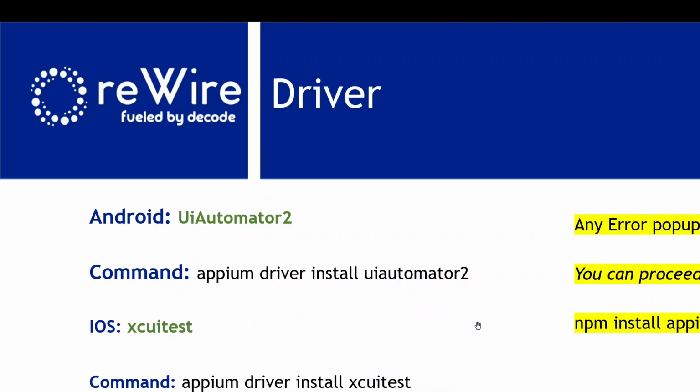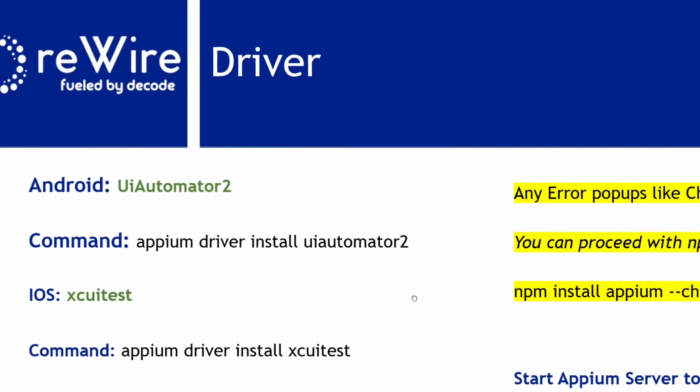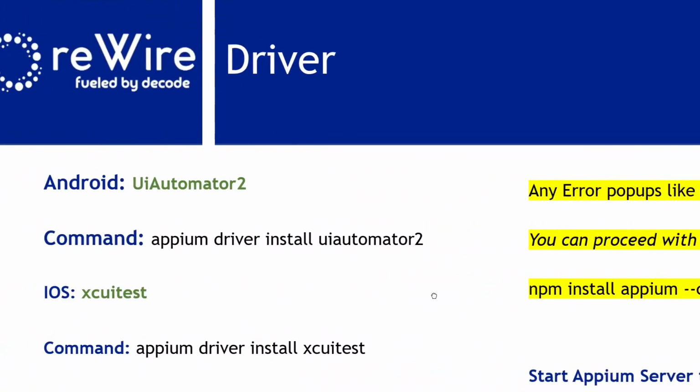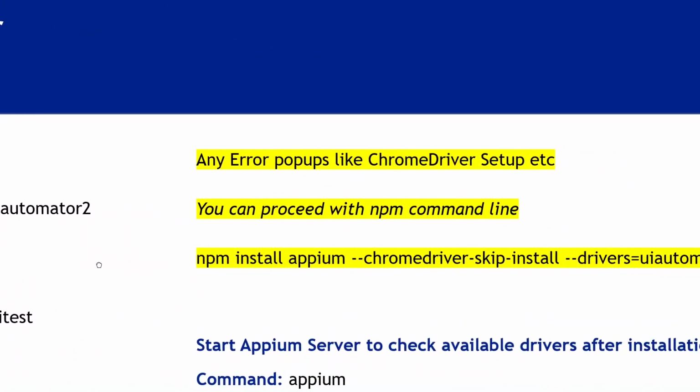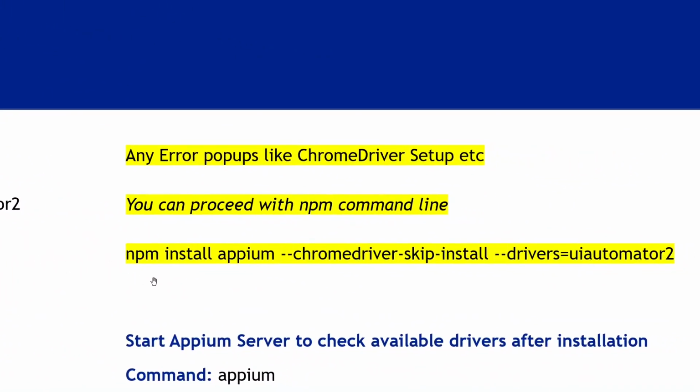In case you encounter any errors related to the Chrome driver while installing UI Automator 2, you may have to use this particular command as a workaround. This is provided by the Appium forum. It basically avoids conflicts if Chrome driver is already installed in your system.